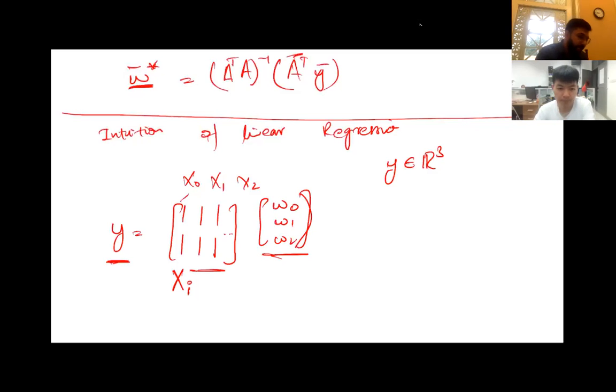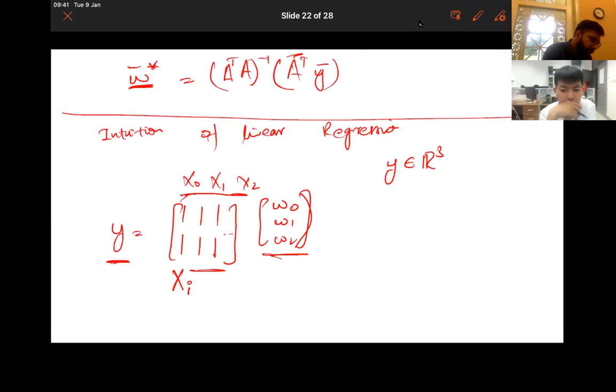Okay, I have some conditions on these vectors, and the condition is that these vectors are independent of each other, or you can say that they are not a linear combination of each other. So essentially what I'm saying is that this matrix X is full rank.